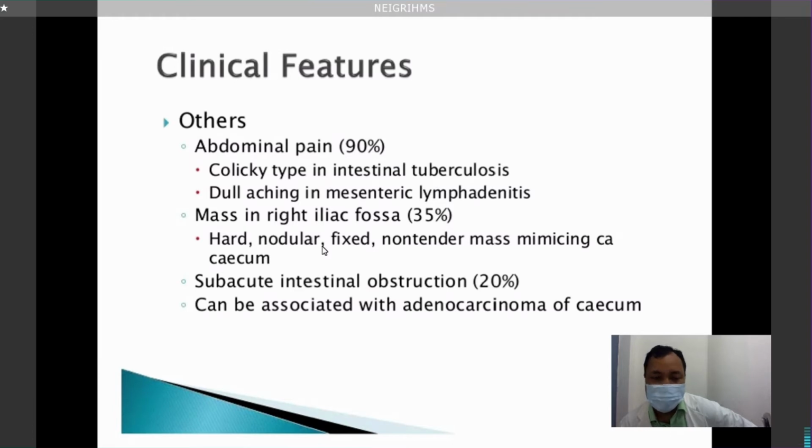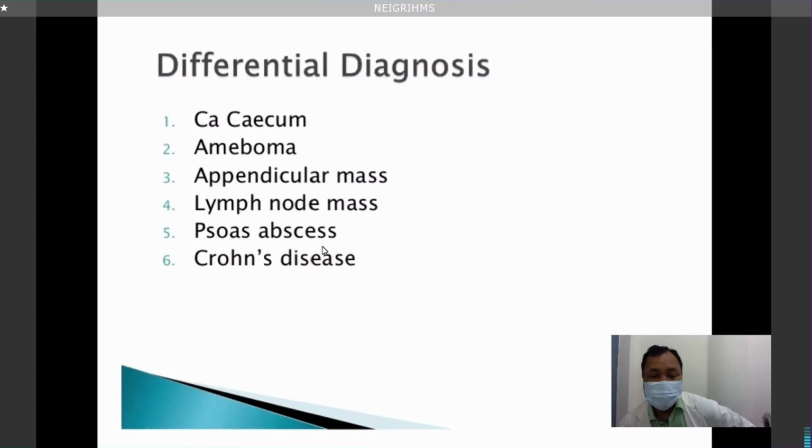When you palpate, sometimes you may be able to feel a mass, and that mass can mimic any other disease like carcinoma of the cecum, or even sometimes hemangioma or mycetoma. Sometimes tuberculosis can also be associated with adenocarcinoma of the cecum. So we have to be careful about the various differential diagnoses that will come across.